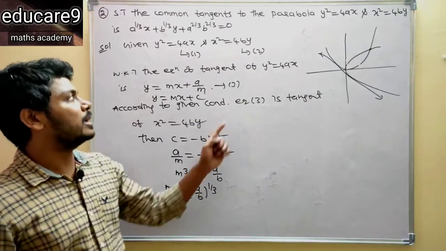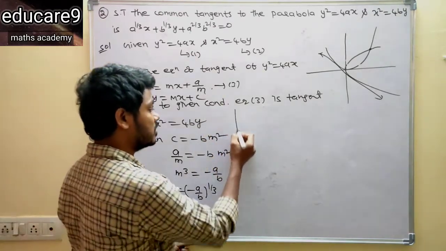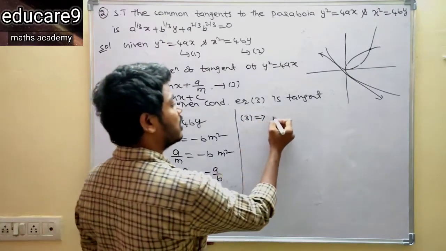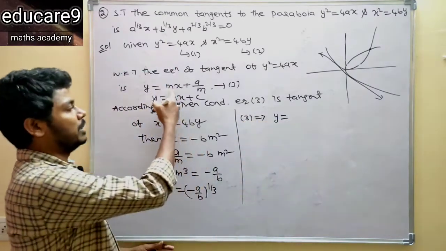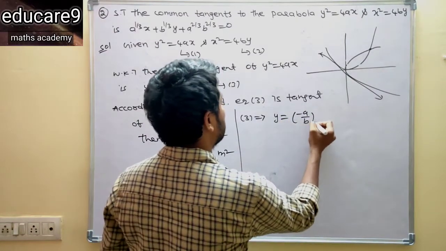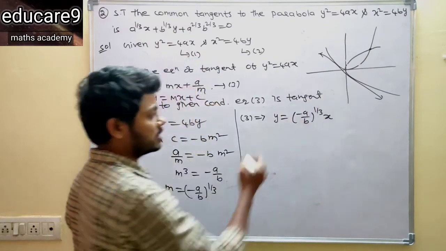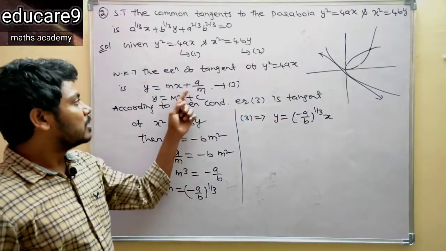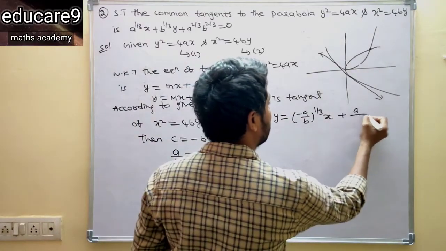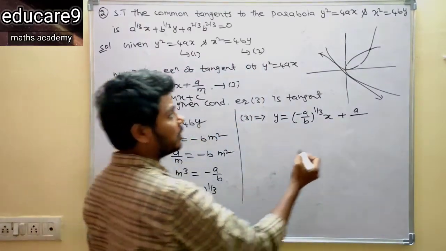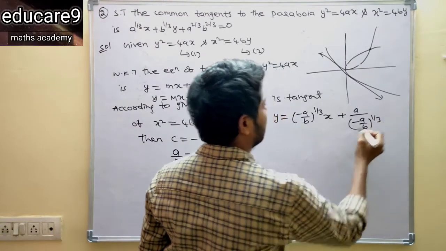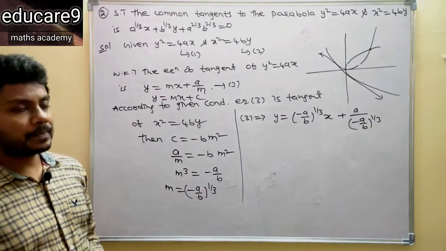Substitute this m value in equation 3. Here therefore equation 3 implies y is equal to m into x. m is what? Minus a by b whole to the power of 1 by 3 into x. Next, plus a by m. Plus a by m is what? Again minus a by b whole to the power of 1 by 3. Okay.